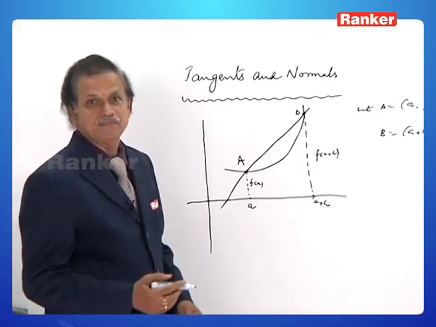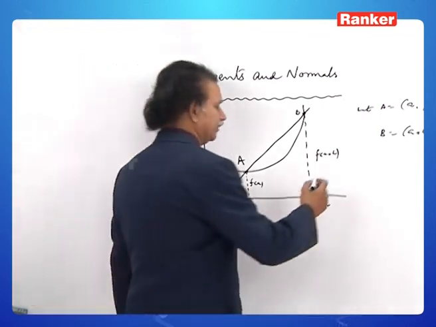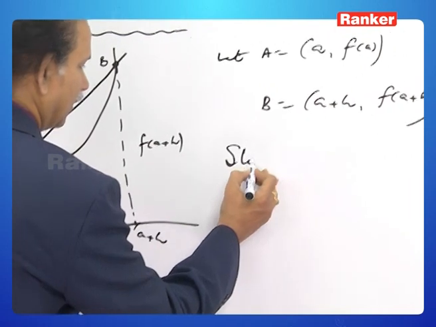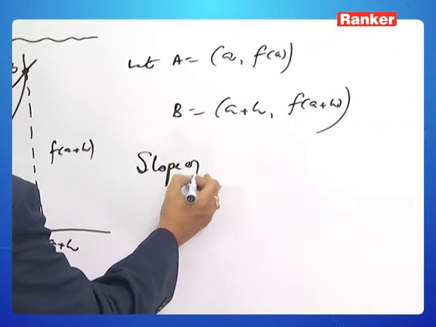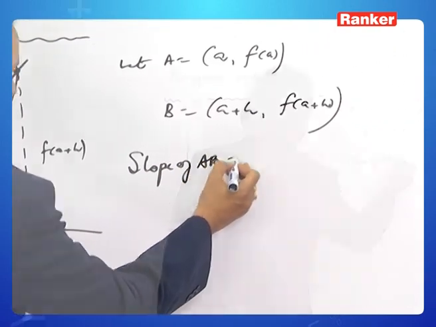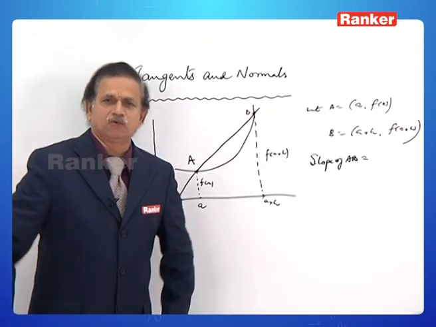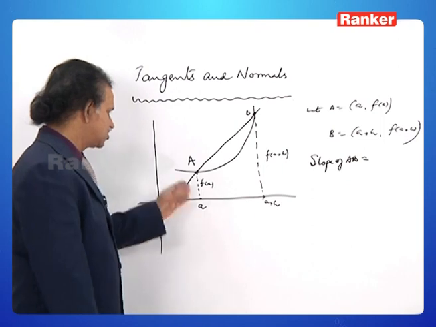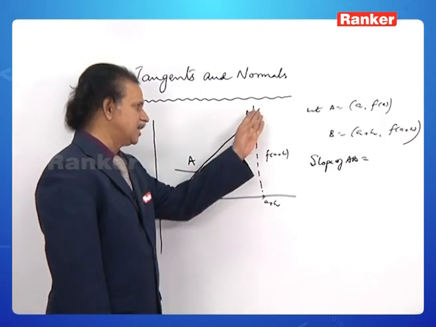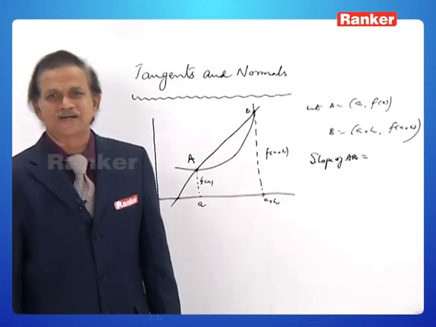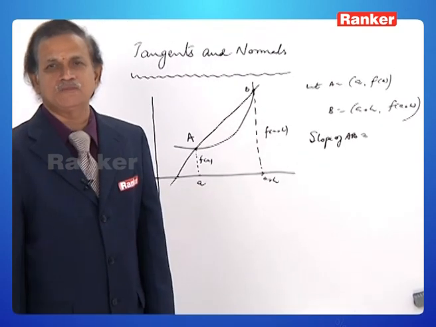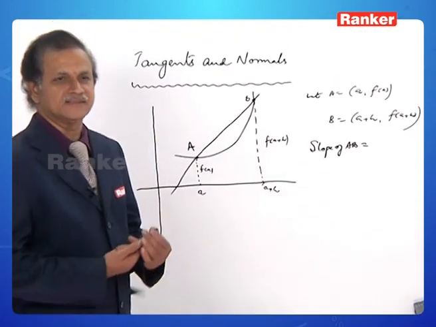Please tell me the slope of AB. From the knowledge of coordinate geometry, if this is considered as x1, y1 and that is taken as x2, y2, what is the slope of AB? y2 minus y1 by x2 minus x1.